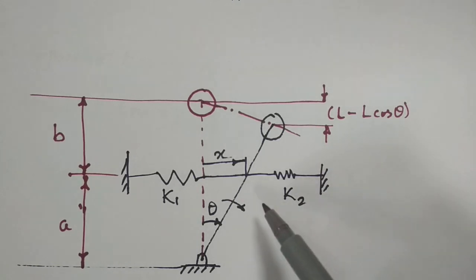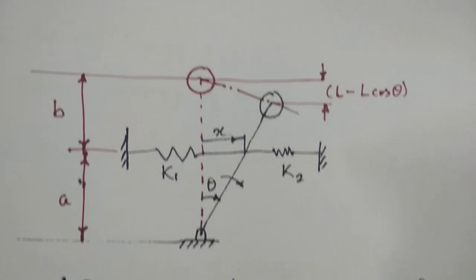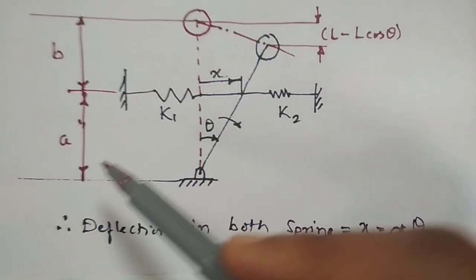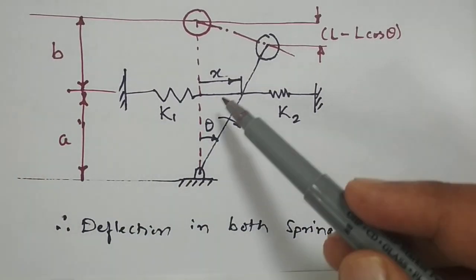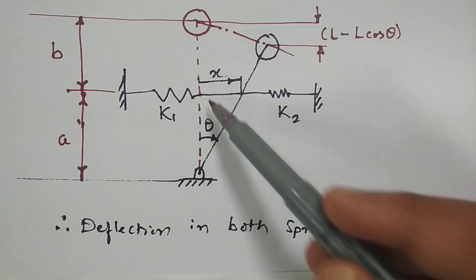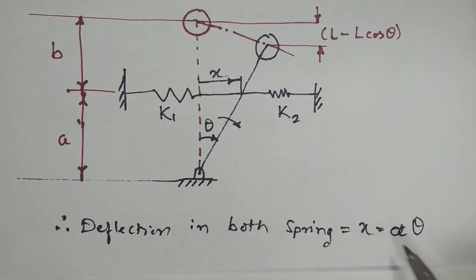As per the deflection, this distance is a, which we consider as the radius. So x is equal to a times theta. The deflection in both springs is considered as x, and that is equal to a theta.